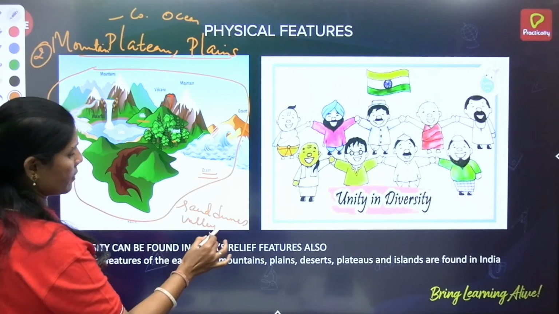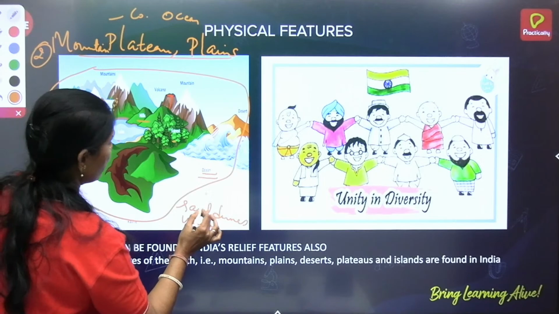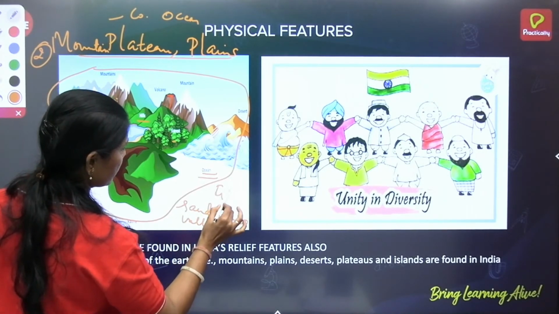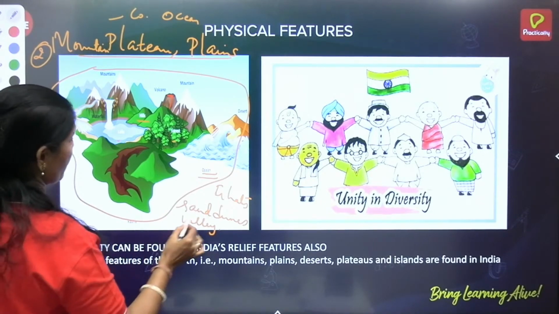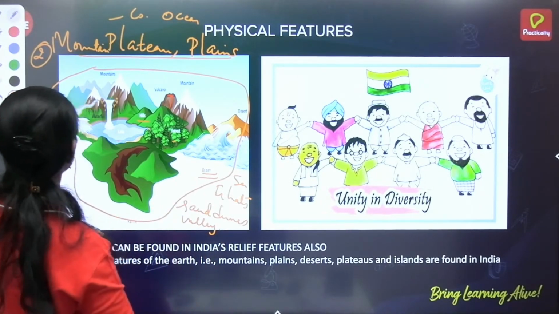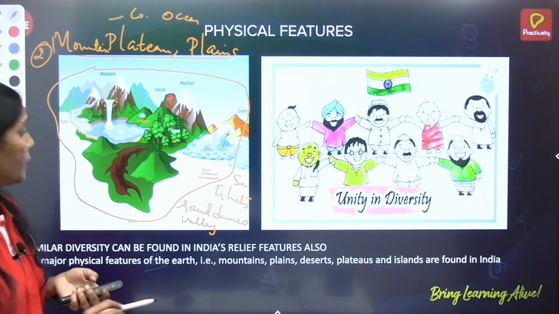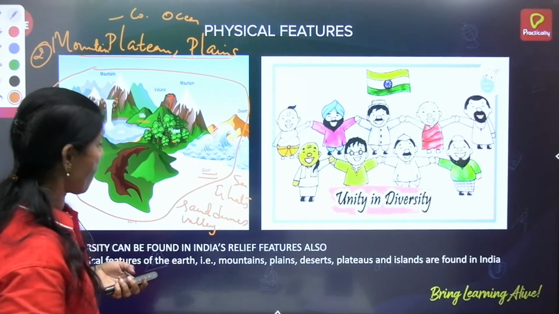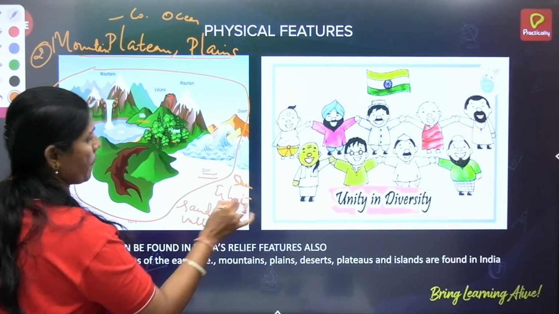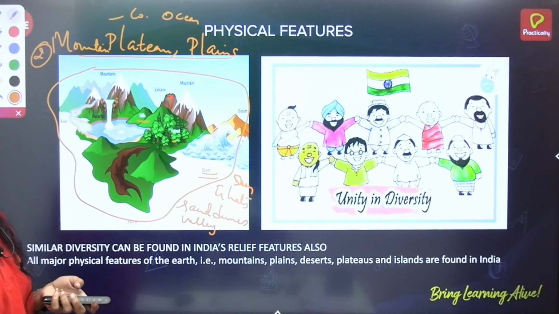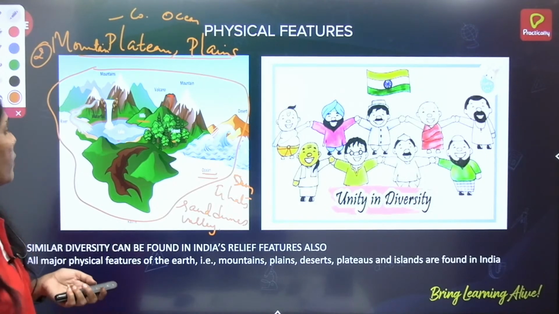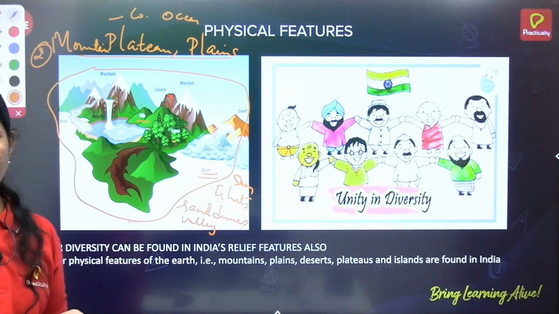Valleys, ghats. Next, sand dunes, normal dunes even. Can you tell me a few more landforms other than this?